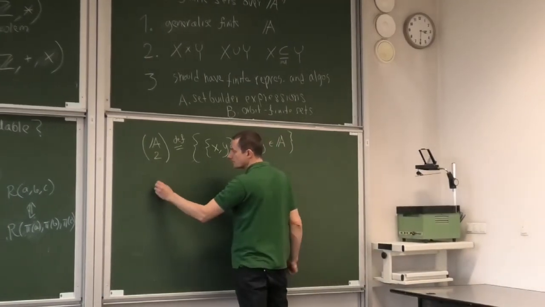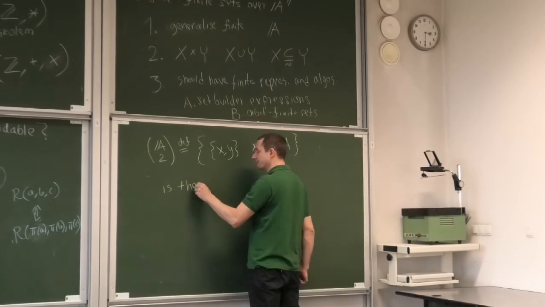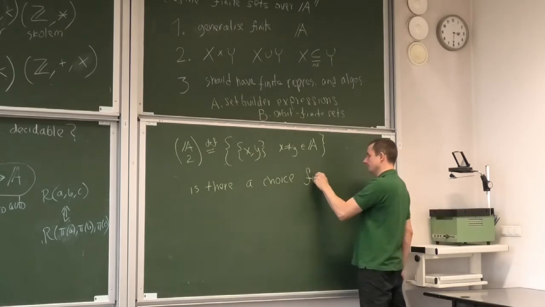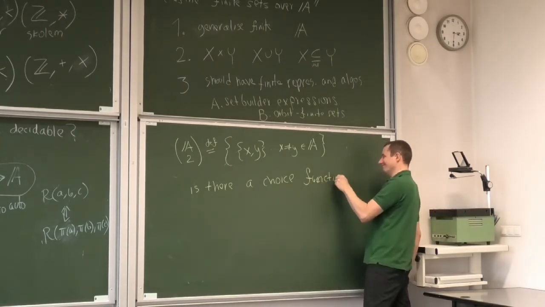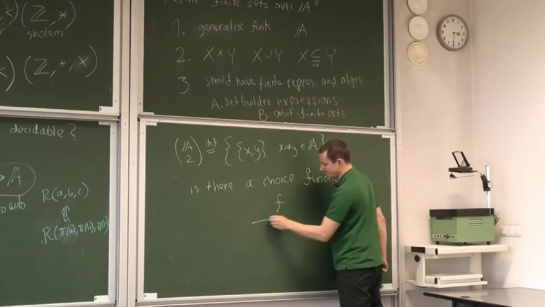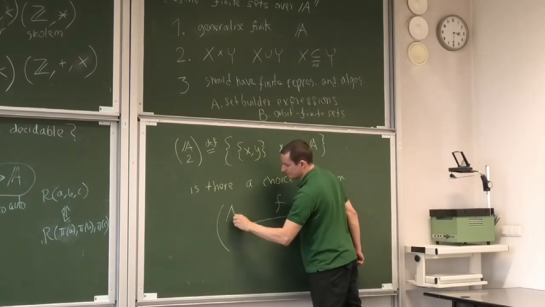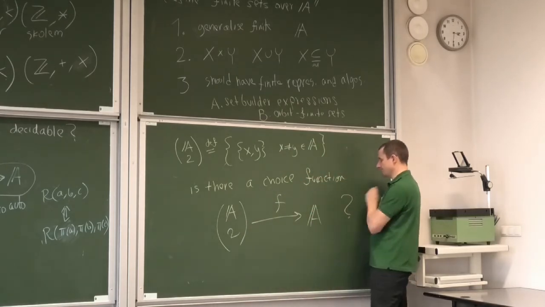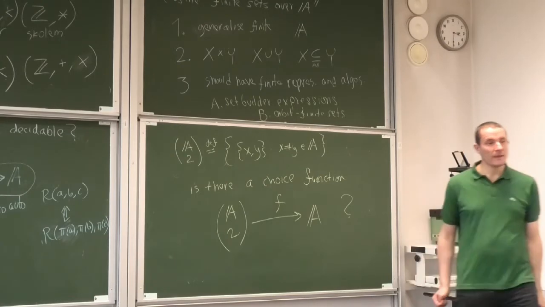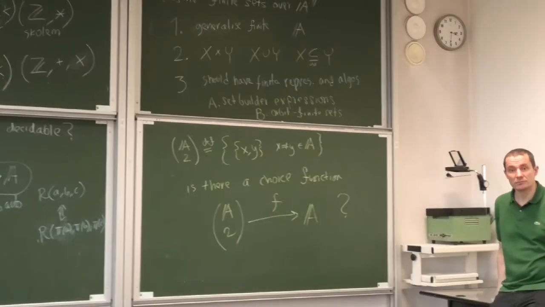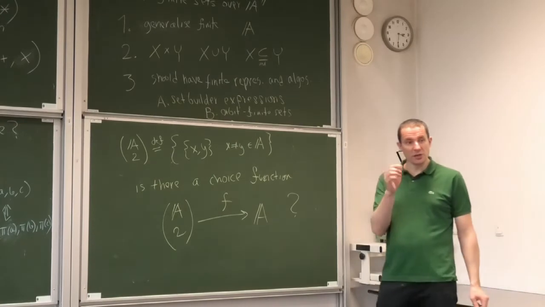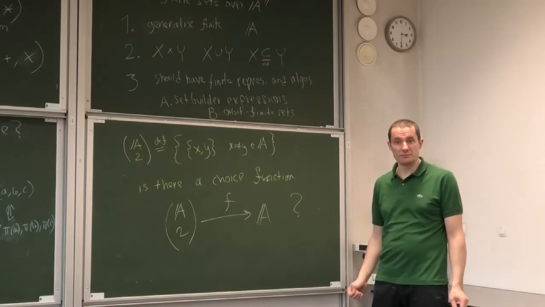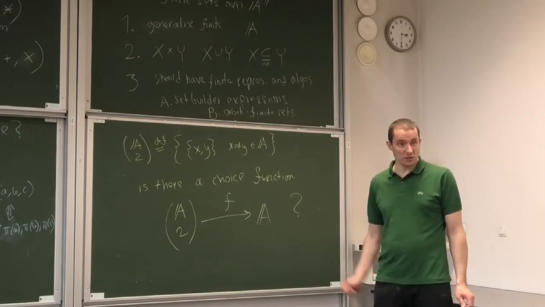So is there a choice function? Can you write a set builder expression which describes a function that inputs an unordered pair and gives you one of the elements? This is what I mean by a choice function. Is it clear what a choice function is?